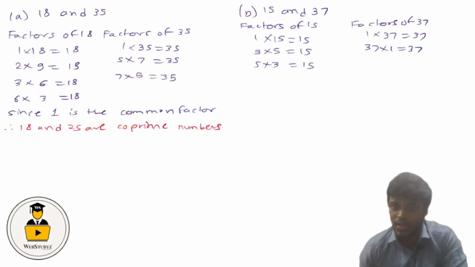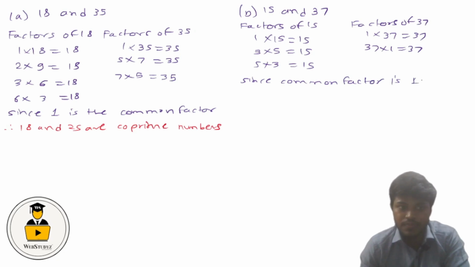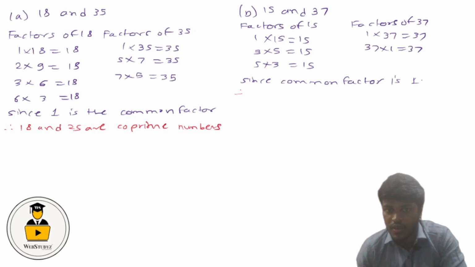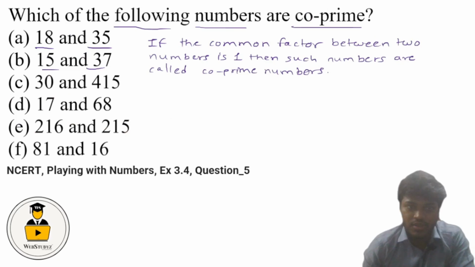So we can see that here also, since the common factor is 1, we can say that therefore 15 and 37 are co-prime numbers.